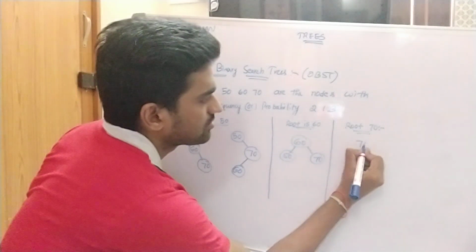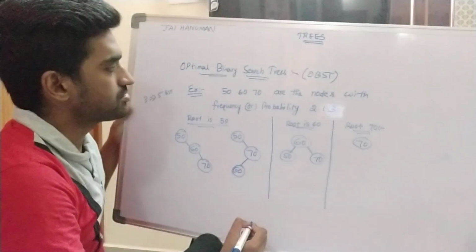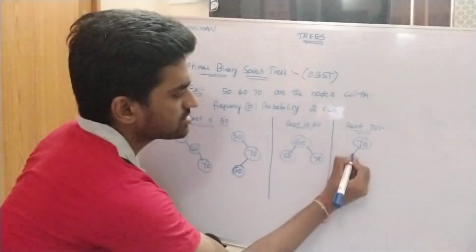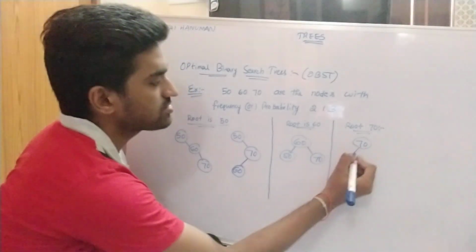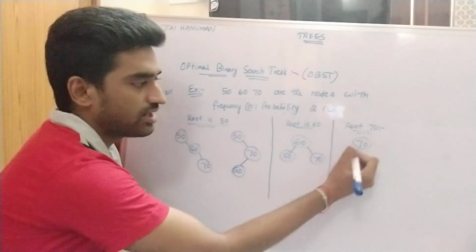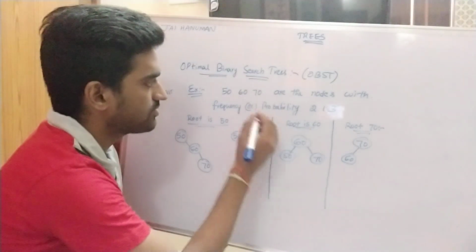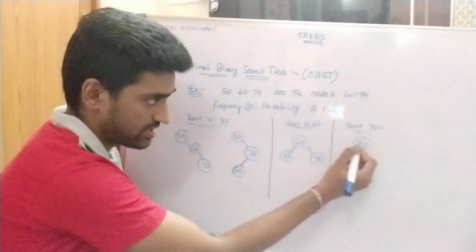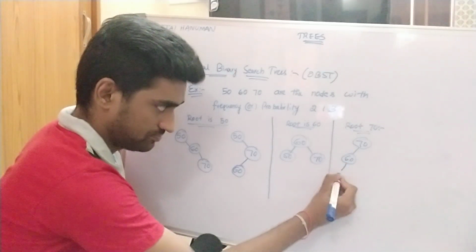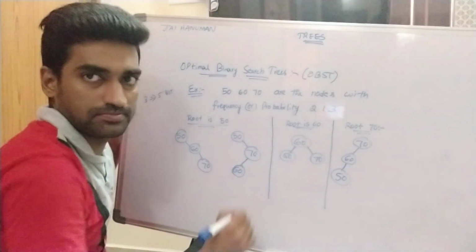So 70. First of all here I am taking 60. 60 is less than 70, so we can place it to the left of 70. Then 50. 50 is also less than 70 and 60, so I am placing it to the left of 60.